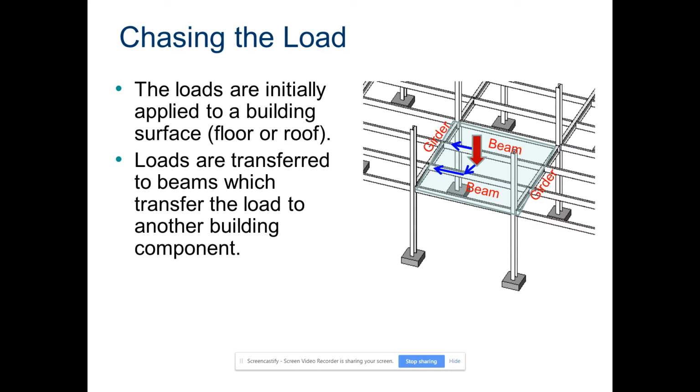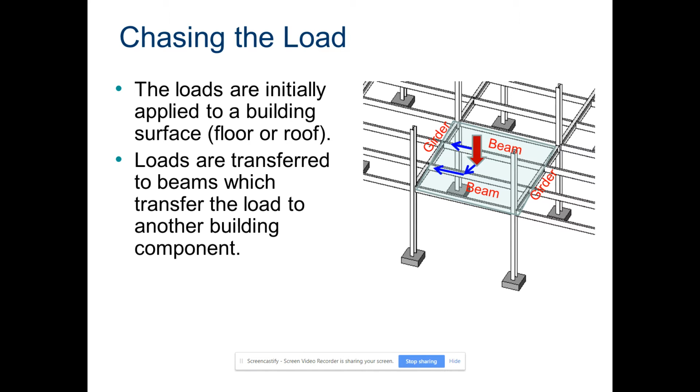We discussed when we were looking at loads that when a load is applied, such as a floor load or roof load, you see how that load is applied downward, and then that load is distributed amongst the beams. Remember when we looked at tributary area, you notice how the beams take up that load.